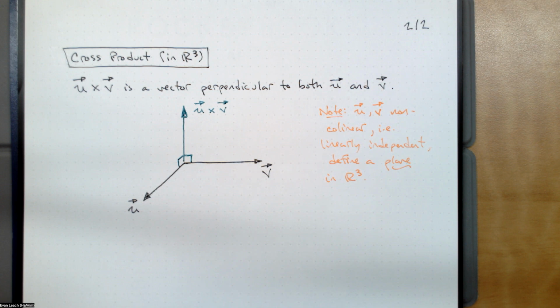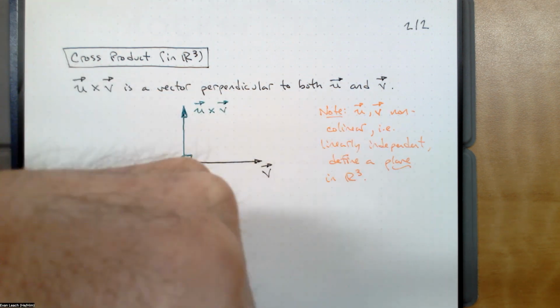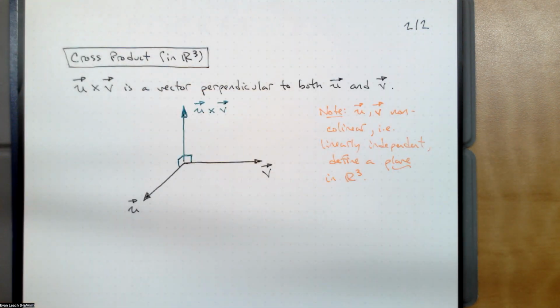That means if we do V cross U, I put my fingers in the direction of V, but I curl them the short way towards U. That's going to make the vector go in the opposite direction.